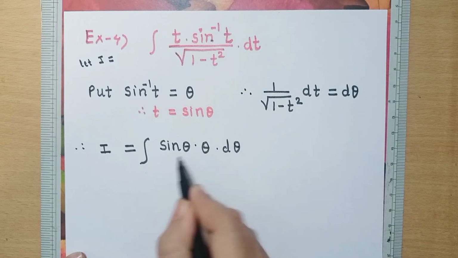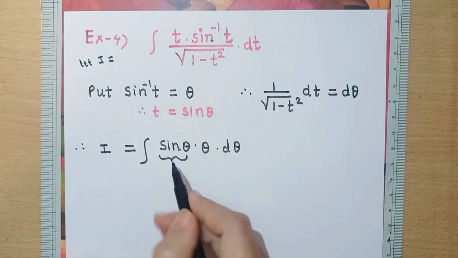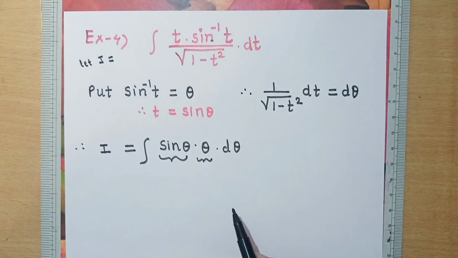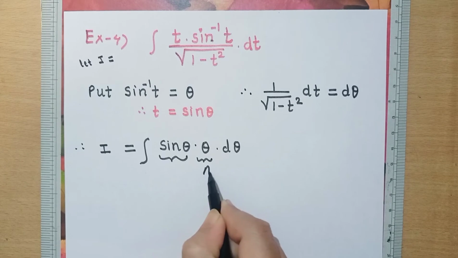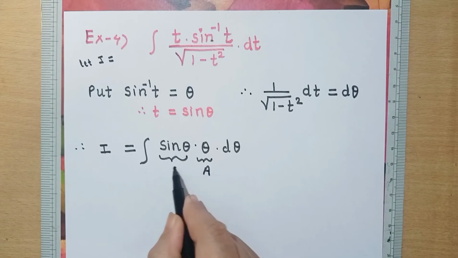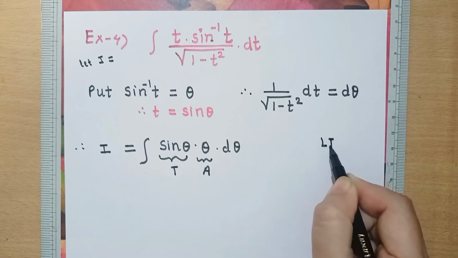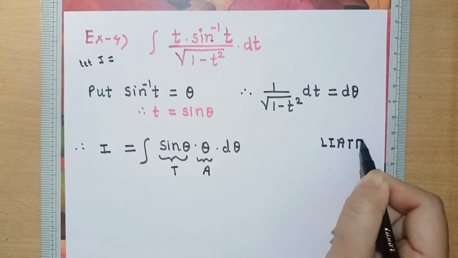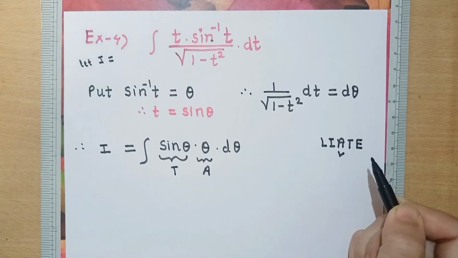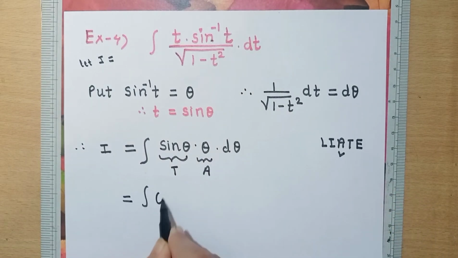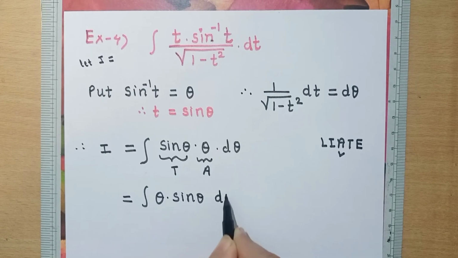Now there are two functions, first function is sine theta, second one theta, in product form. But theta means algebraic function and sine theta means trigonometric function, and in the order of ILATE, check now, the algebraic function is coming first. So here we will write this as theta into sine theta d theta.